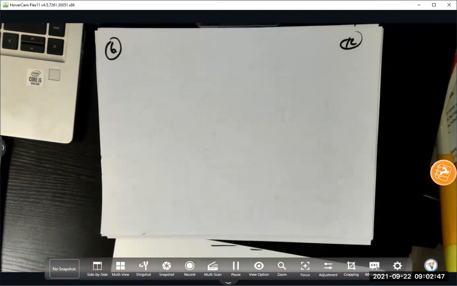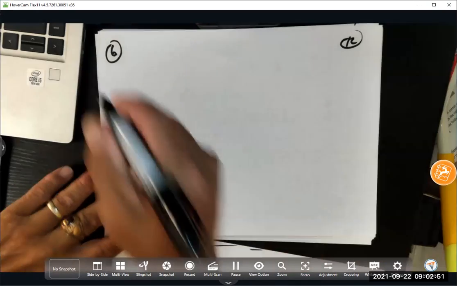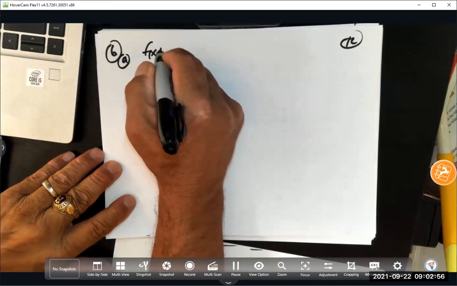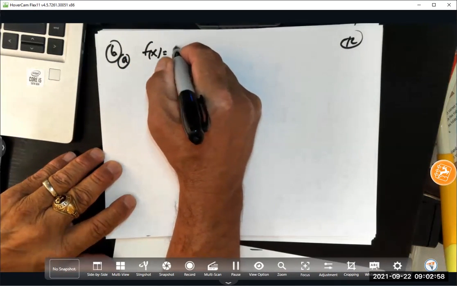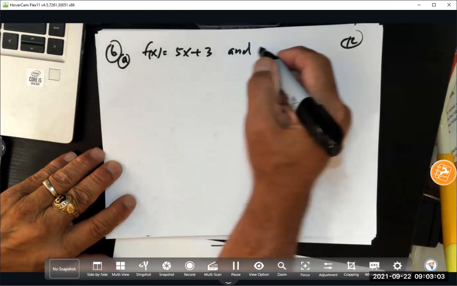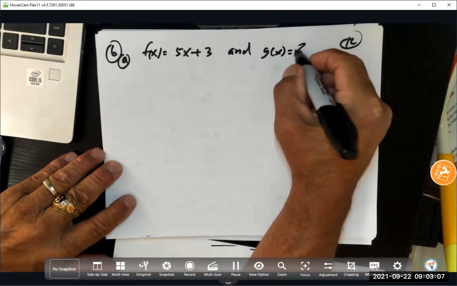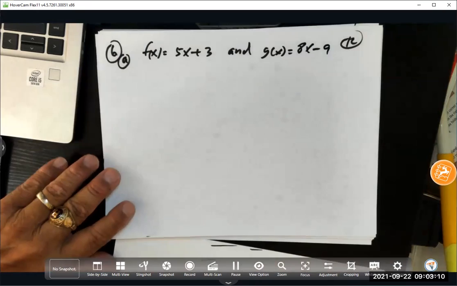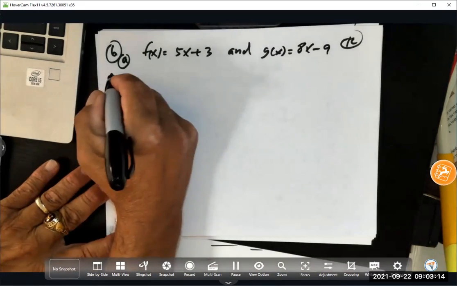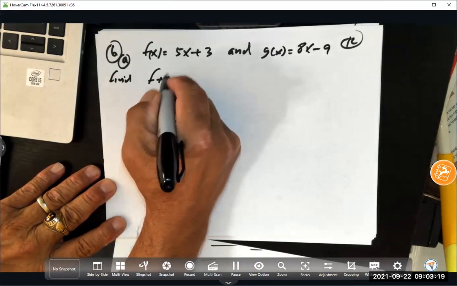It's gonna be different letters. 6A. f of x is equal to 5x plus 3, and g of x is 8x minus 9. So it has an f and it has a g function. First question is find f plus g of x.